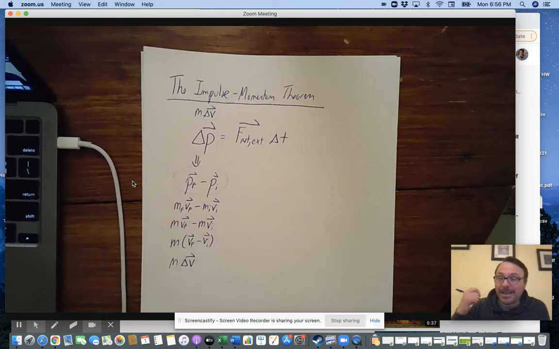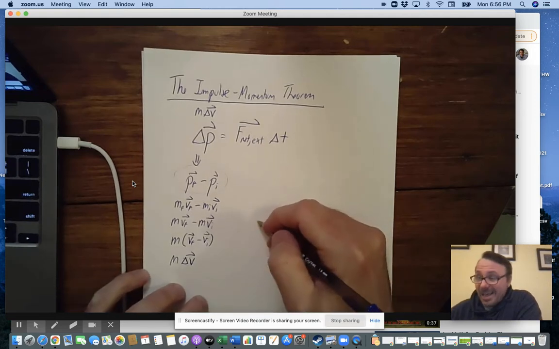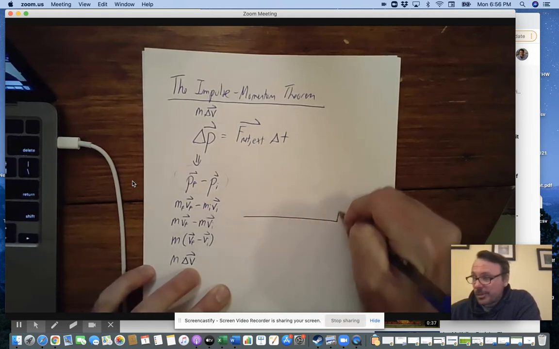That tells me I can figure out something about the force that acts on an object through an interaction. Very specifically, the types of interactions that we talk about are interactions that happen so quickly that they're very difficult to see. A classic example of that is a collision, right?